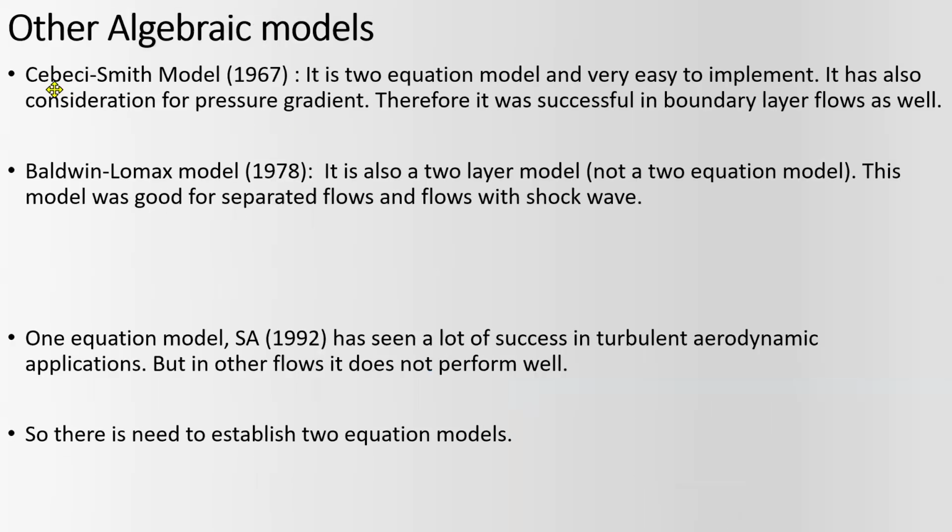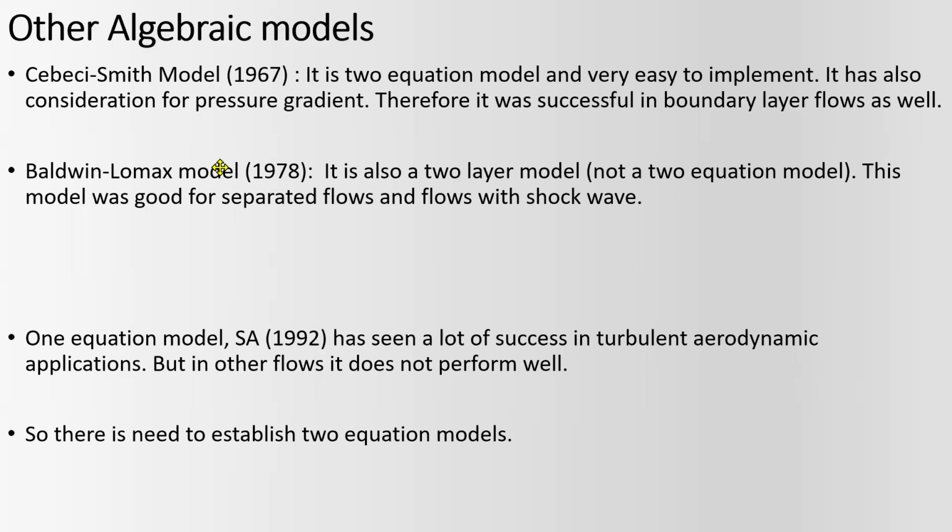And among other algebraic models, we have the Cebeci-Smith model, which is a very famous model from before the invention of commercial CFD. And the Baldwin-Lomax model. At the moment the SST model is the go-to model for every flow. Thirty years back, the Baldwin-Lomax model was the model for every simulation.